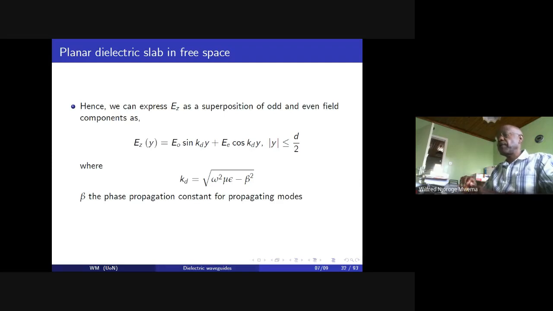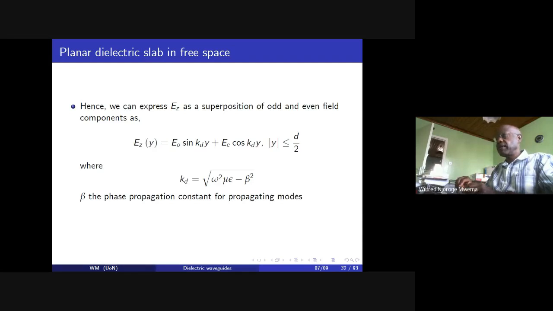The reason why we call them odd and even functions is that sine Kd y is going to be negative when y becomes negative, that is, in the region y less than minus d by 2, and positive in the positive direction. Therefore it is an odd function.